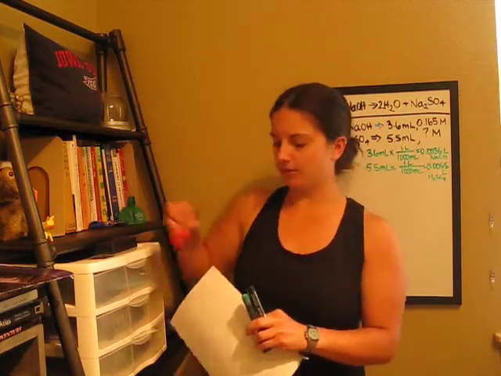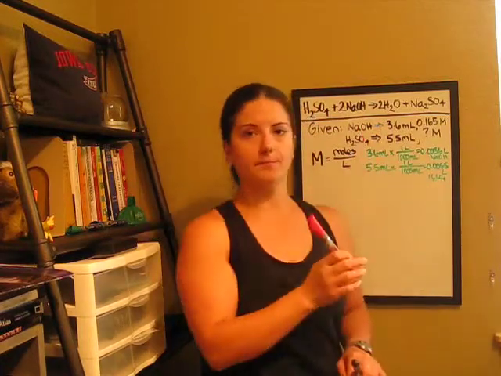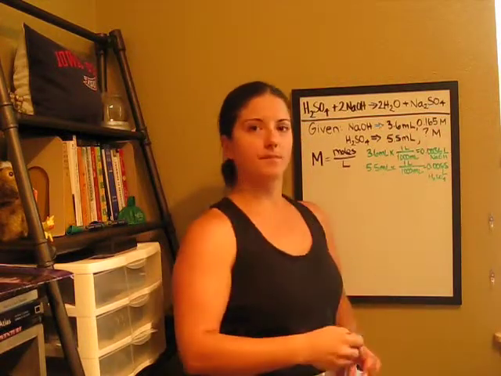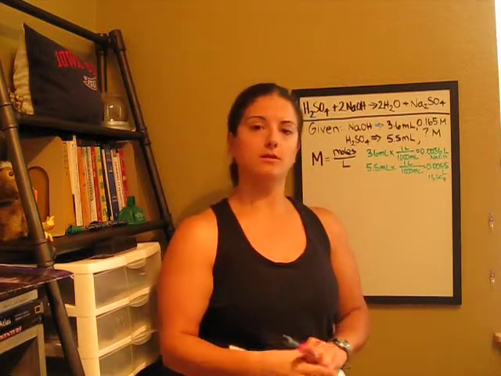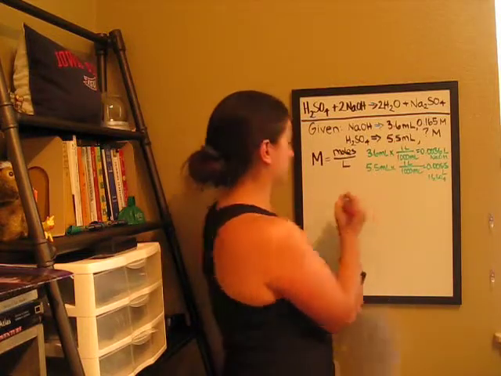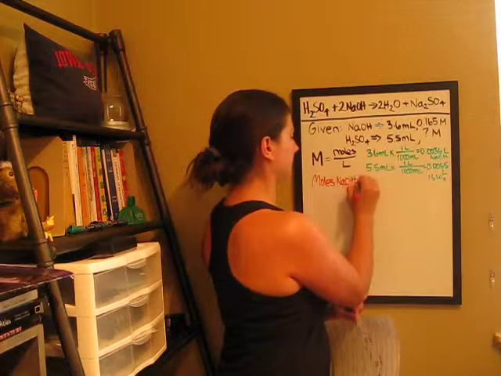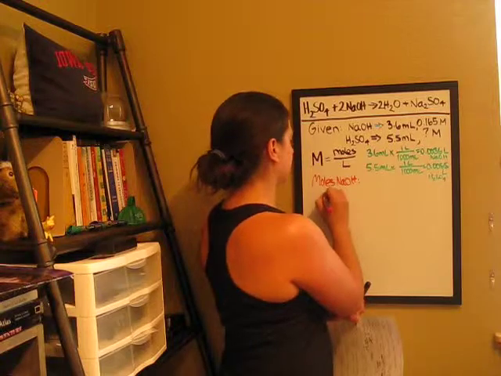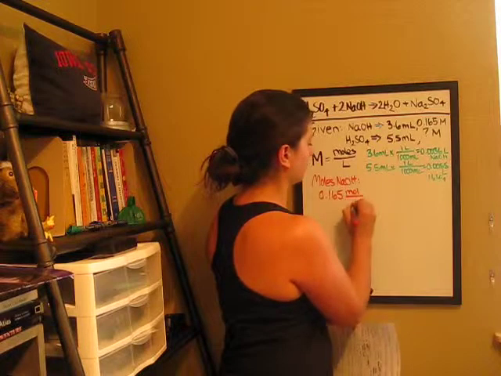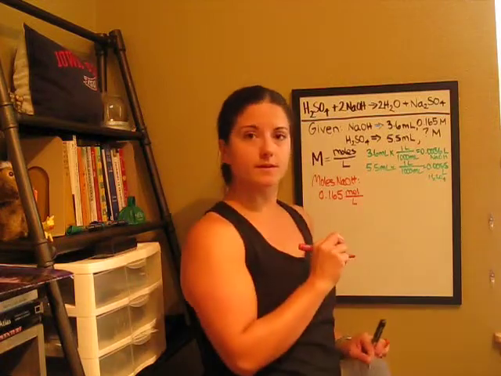The next thing we're going to do is solve for the moles of NaOH. We're given the volume and the molarity, and using those you can solve for the number of moles, because molarity is moles per liter. I'll show you how the units work out. We take the molarity, 0.65 moles per liter, and we want the liters to cancel out because we want the moles to be left over.